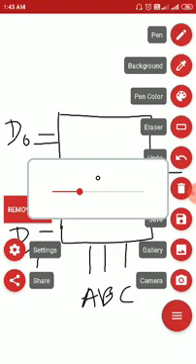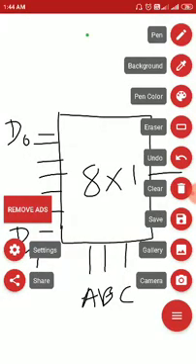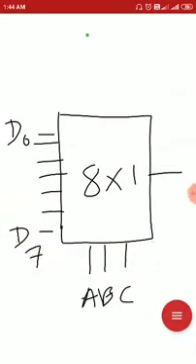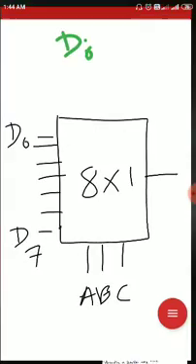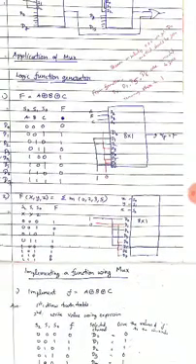So we will use a different color. It is D0. The values are D0, then 0, 3, 5 and 6.